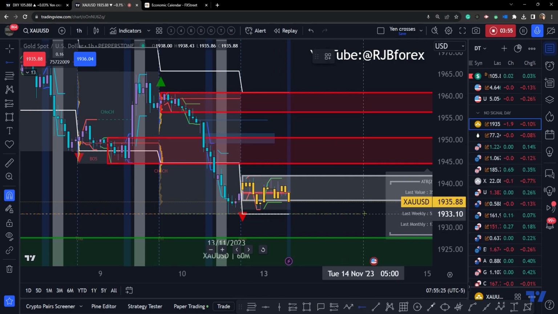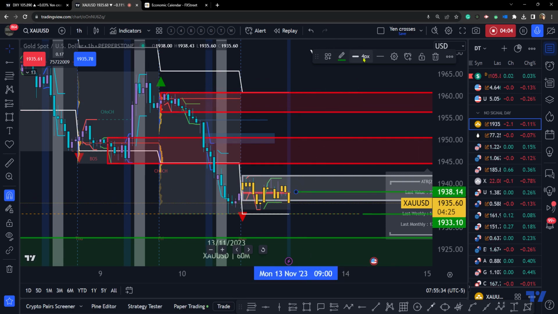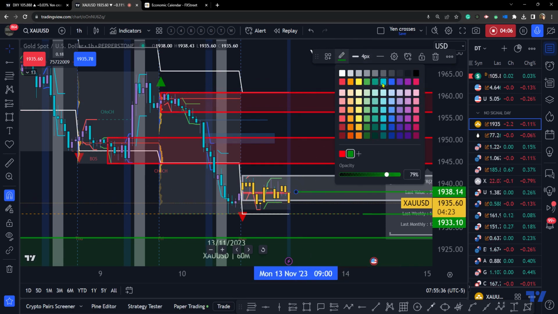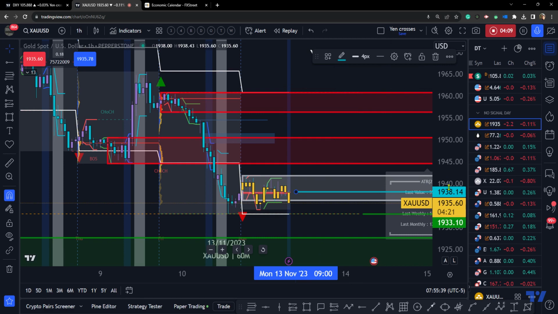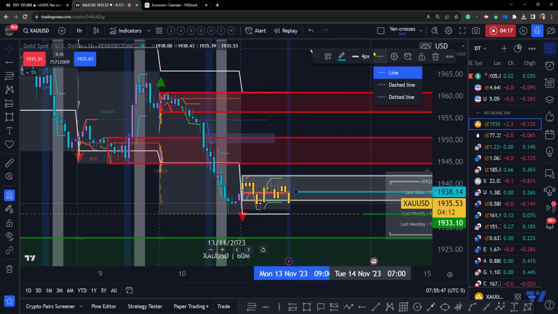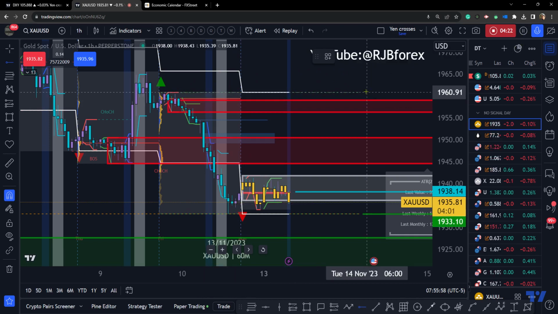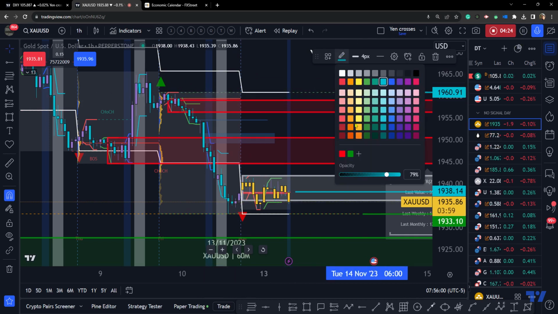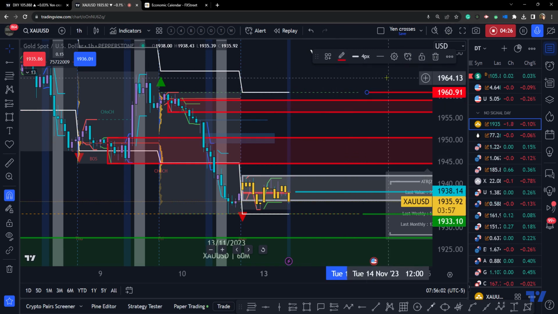Friday's close, Friday's low, about 1933, the closing price, around about 1938, and the high of Friday, which is round about that top of that box there, just over here, marked in red for potential resistance, 1960.